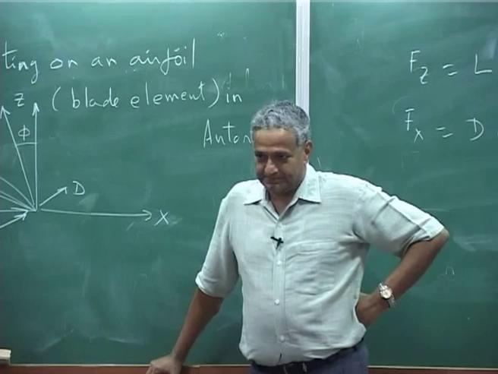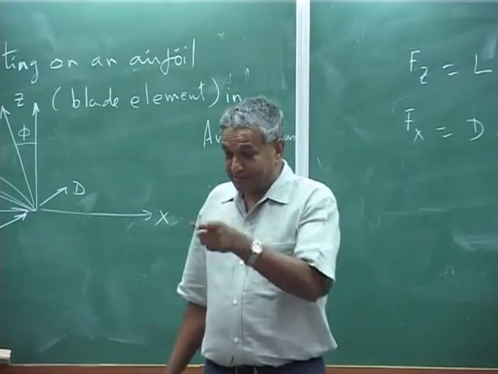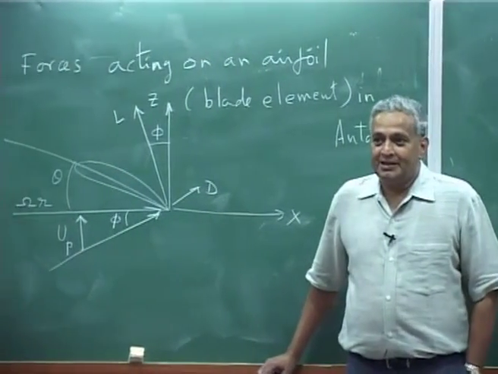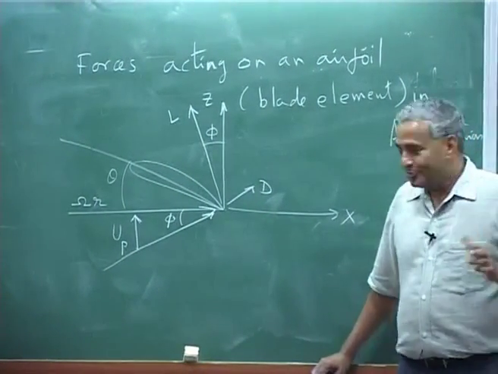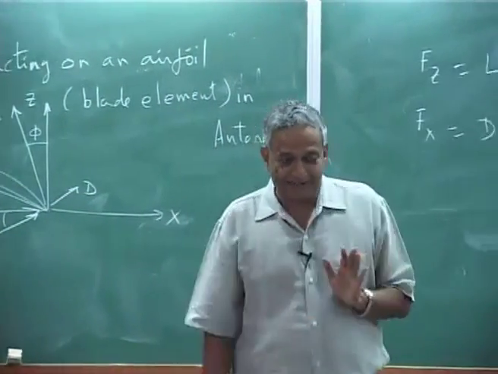You follow? You have to get that phi. Now, we will relate to what is theta, what is that phi, how do we get that, we will look at the diagram.